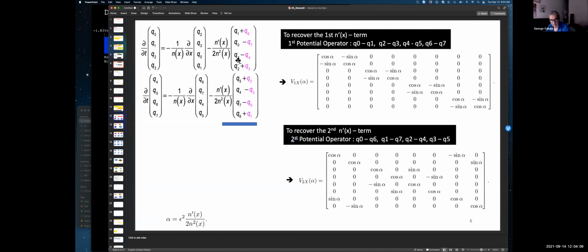And it's dependent on this n prime, the derivative of the refractive index, and we choose the order epsilon squared. And similarly, to recover the coupling term, you couple Q0 to Q6, so there's Q0 to Q6. And then you just finish off the matrix.